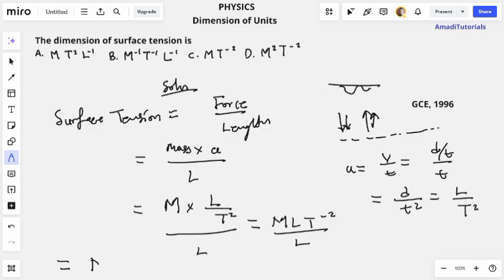So it will be m L minus, no, sorry, this one will cancel this one. And then what you will have is m T minus 2.